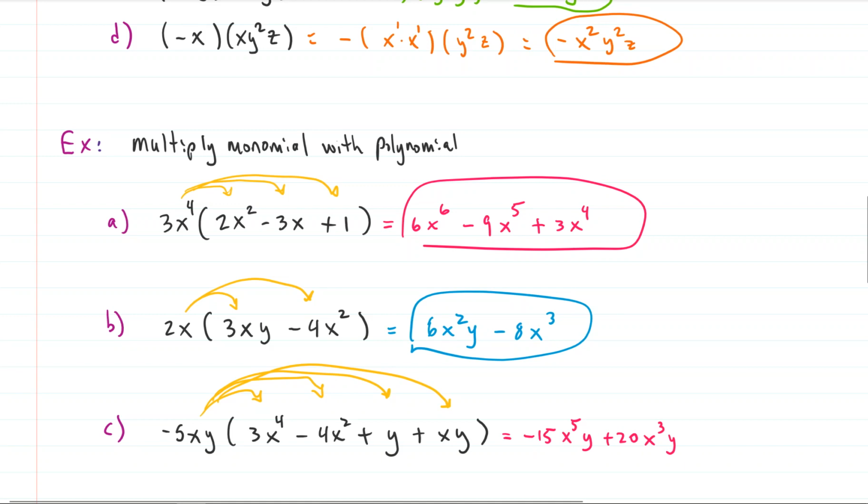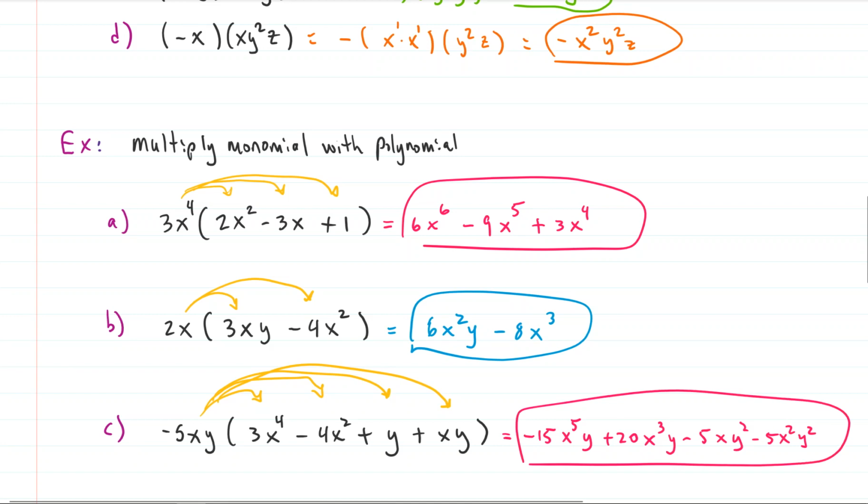And then the third term, negative 5xy times y, gives us negative 5x, and there's a y times a y, so that's y squared. And the fourth term, negative 5xy times xy, gives us negative 5x squared y squared. And we're done.